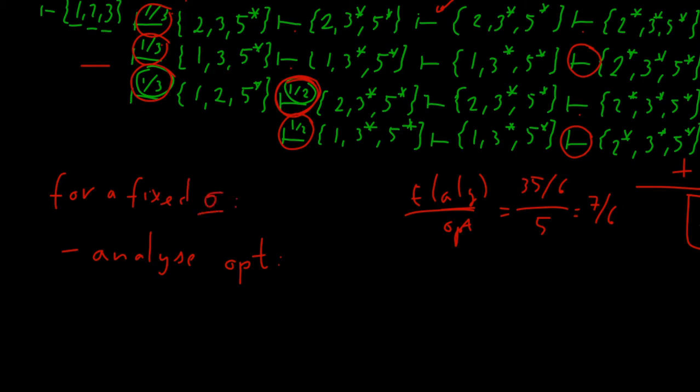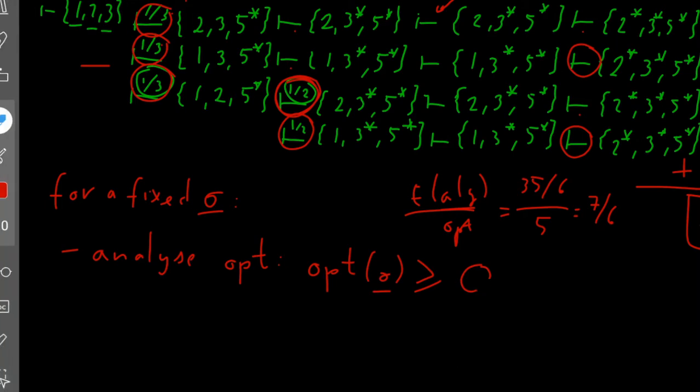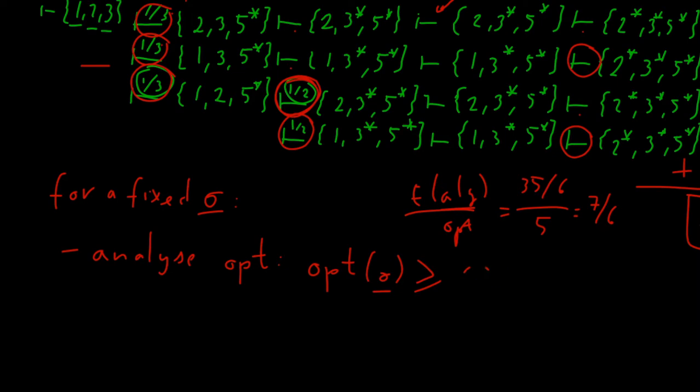We first analyze the optimum and get some bound of the optimum of sigma being at least as large as some value. O is not a good choice because it can be confused by a 0, so it's just L, like lower bound.